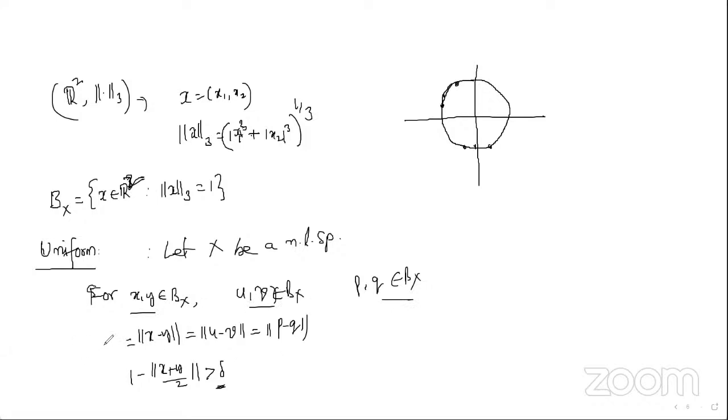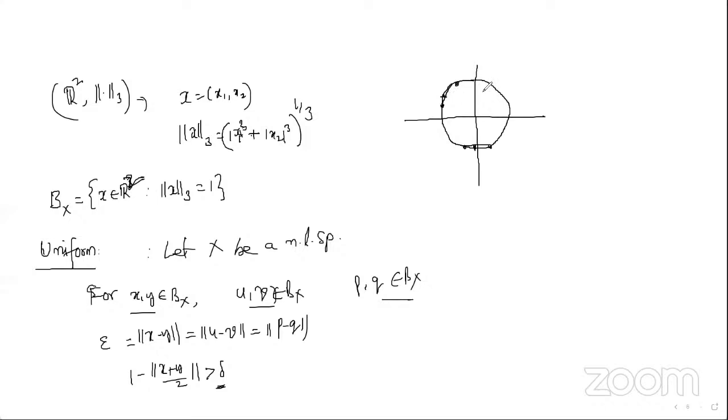If this is some epsilon, I should get a delta such that whatever pair I choose, wherever I choose, if the distance is equal to epsilon or bigger than epsilon, then the midpoint should have a gap of at least delta.